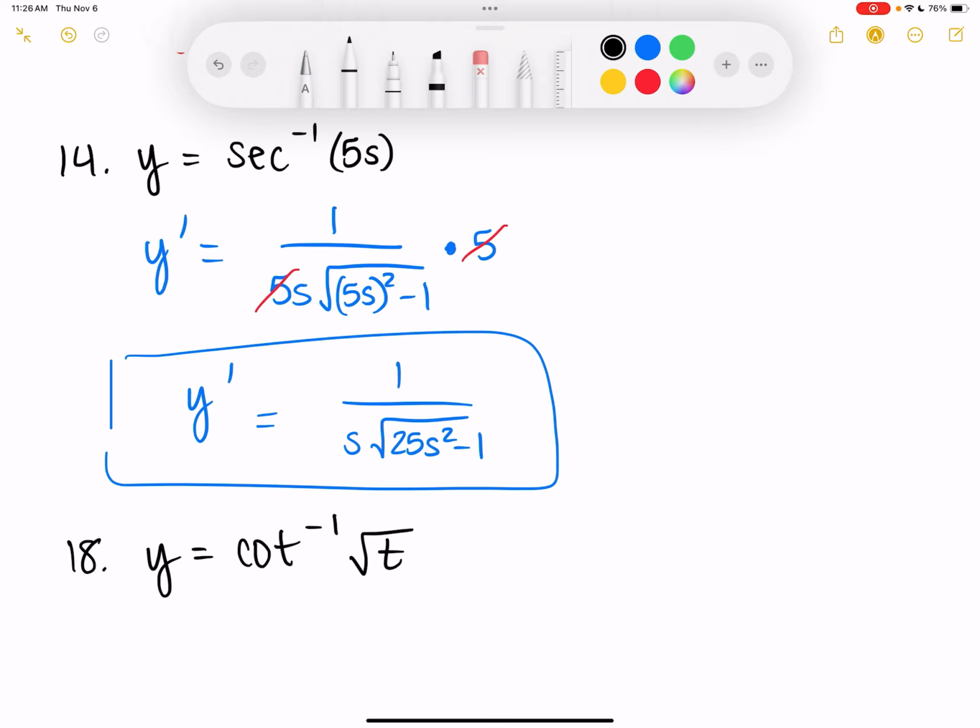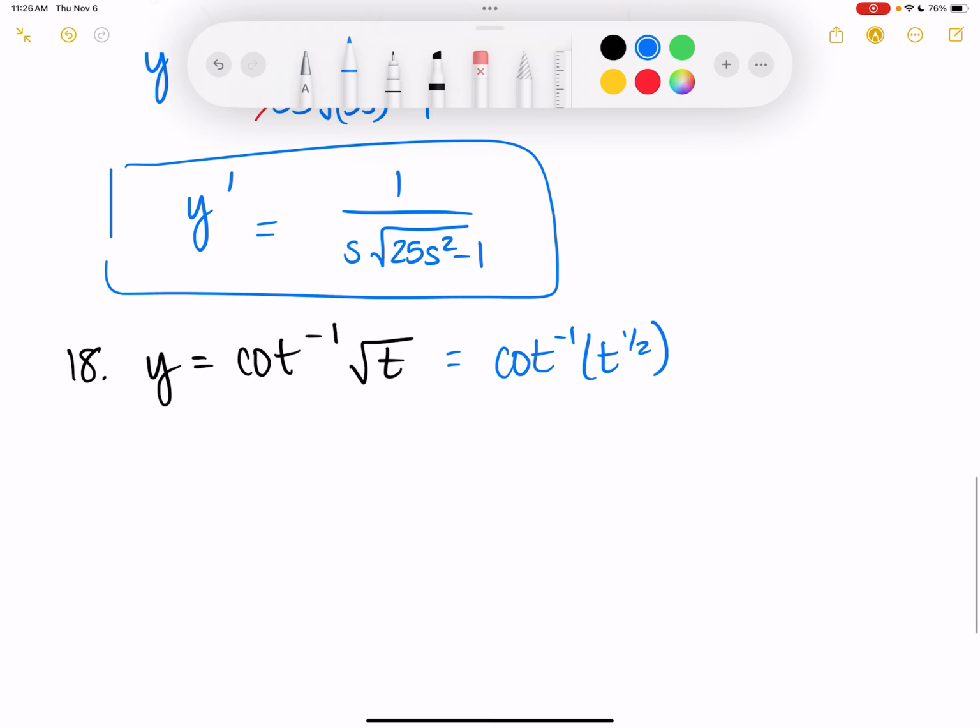So if it's helpful, like we've been doing in other problems, we can rewrite this as the inverse cotangent of t to the 1/2, just so that we can see that chain rule happening, but up to you. So cotangent, another relatively easy one overall.